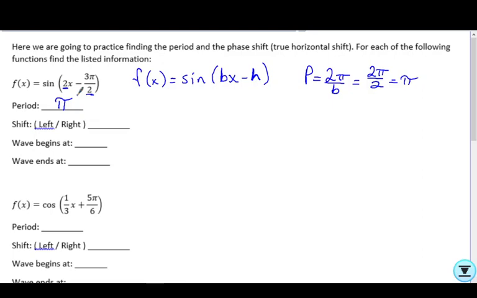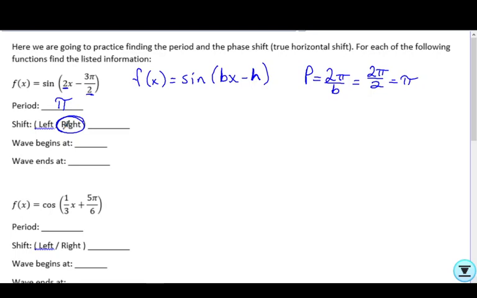It compresses the period and it compresses the shift. So I know that since this negative sign here, I'm moving to the right. But how far? I'm not actually going to end up moving 3 pi over 2 to the right. That's before my function was horizontally compressed.